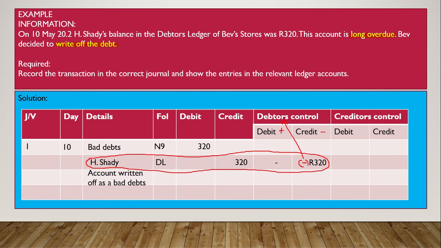I'm basically showing you that this account decreases your debtors control, because your debtors control increases on the debit side. In this case, it will decrease your debtors control on the credit side.